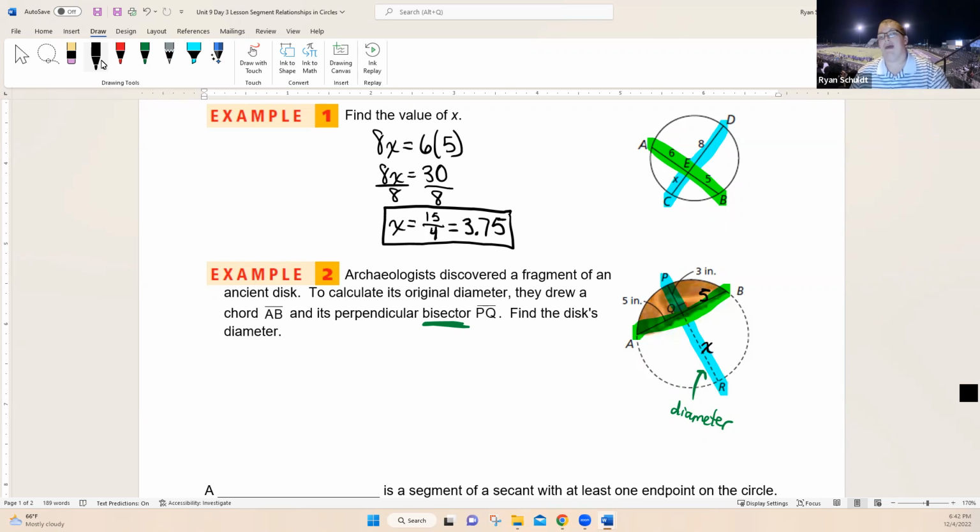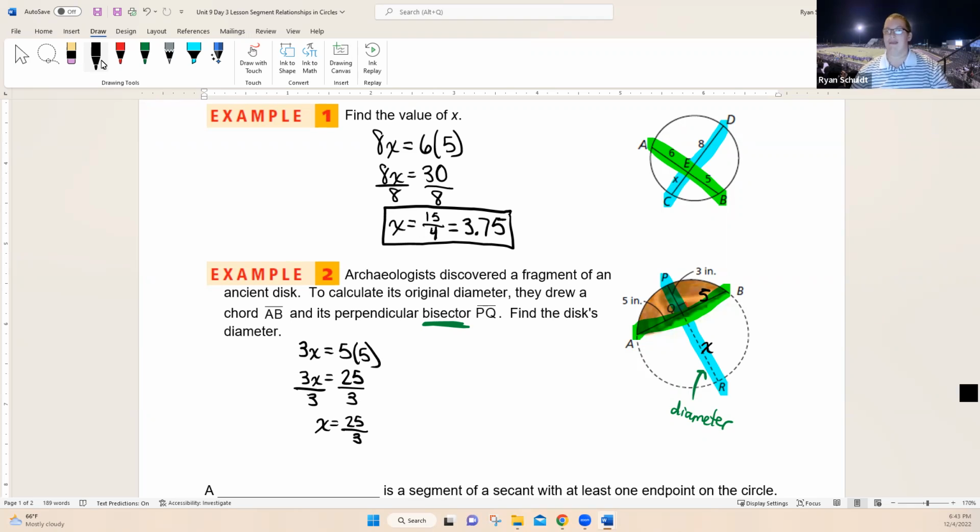So we have to find that first. Fair enough. 3 times X equals 5 times 5. 3 times X, well, that's just 3X. 5 times 5 is 25. We divide by 3, we get x equals 25 over 3.